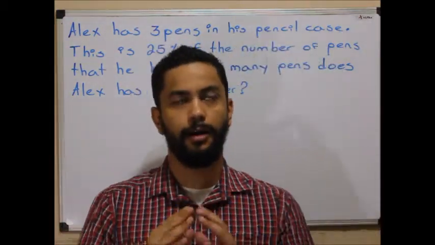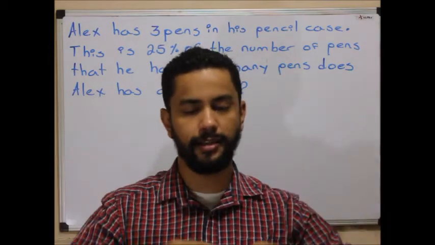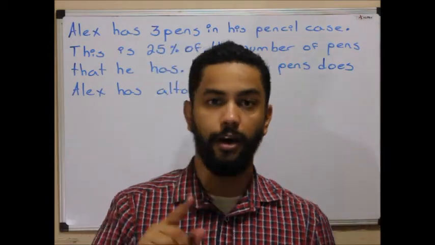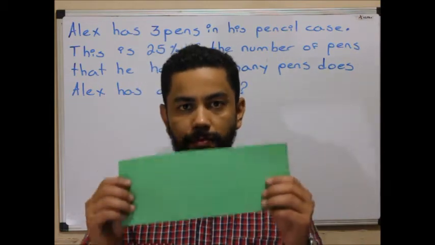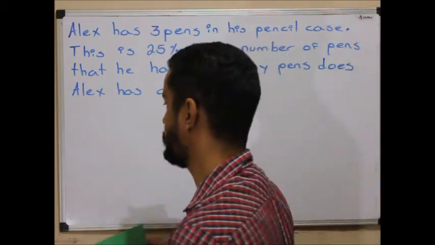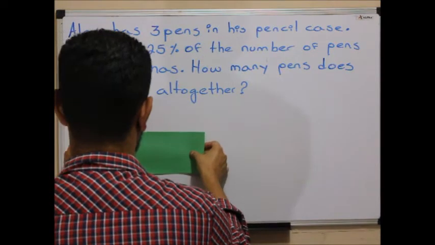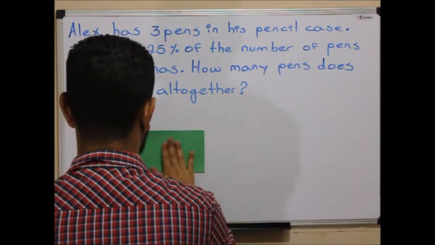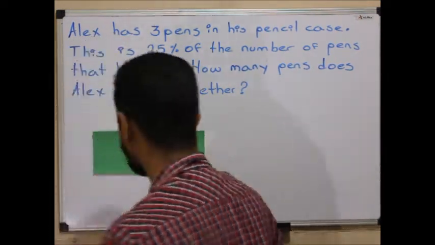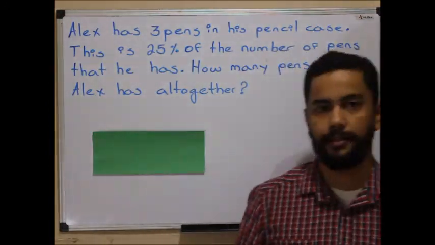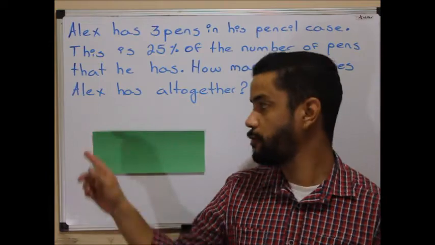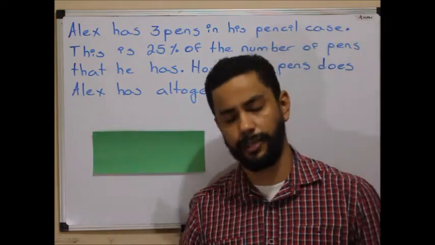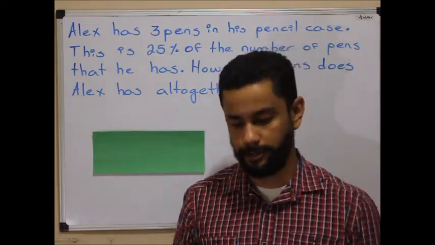Our first rectangle will be the 100%. That green rectangle represents our 100%, so we're going to write our 100 over it.